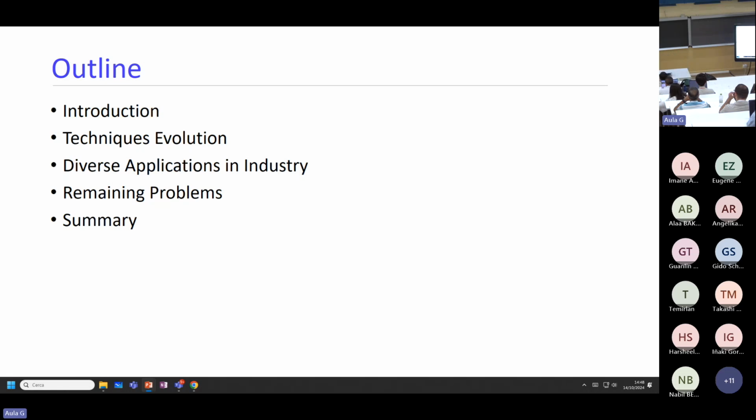Then, we will look at diverse applications in industry, showcasing how these techniques are being applied in various industries, including online advertising. After that, we will discuss some remaining problems, the challenges that still exist in the field, and the potential areas for further research. Finally, we will wrap things up with a summary highlighting the key points we have covered during the tutorial.